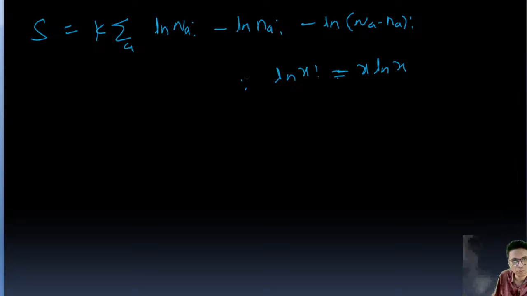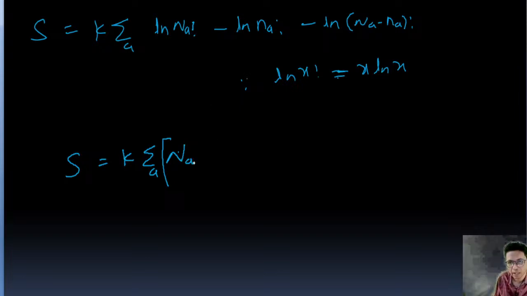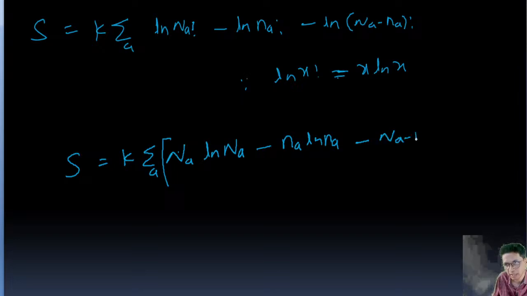So S is going to be K into sigma A, capital NA ln capital NA, minus small NA ln small NA, minus capital NA minus small NA ln capital NA minus small NA, minus N, right? So this is the answer, guys.